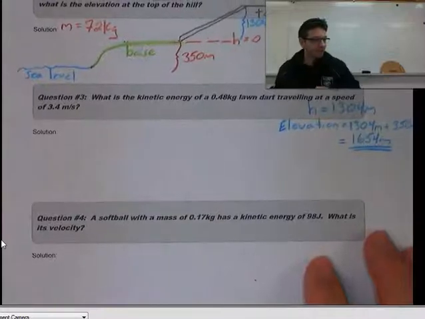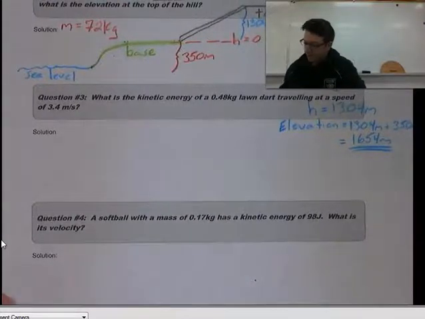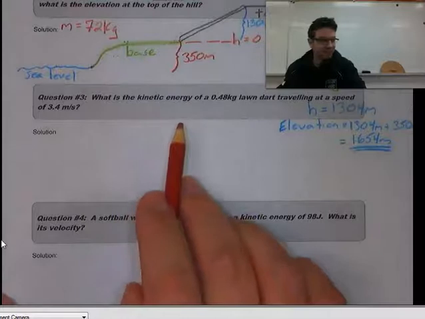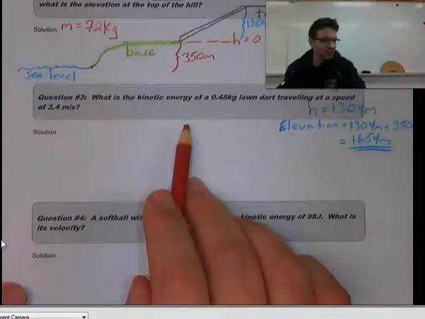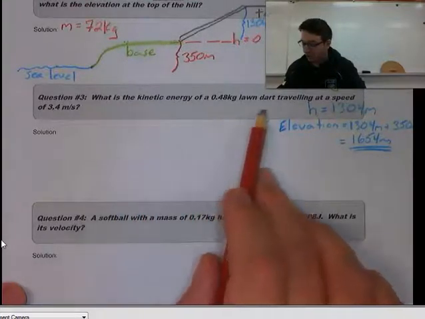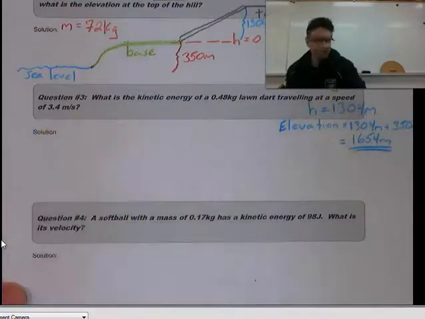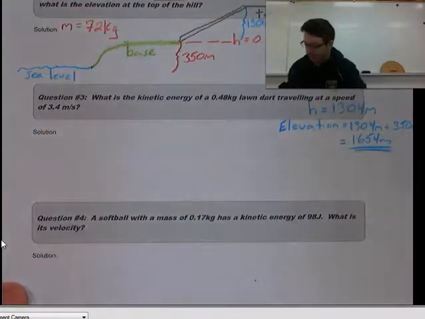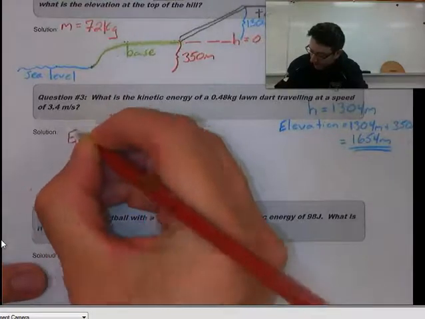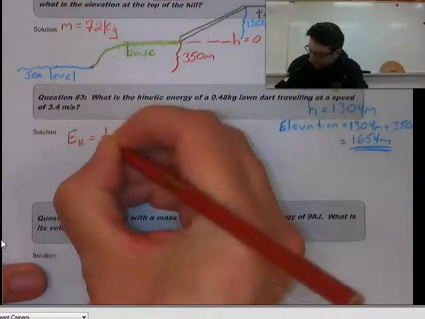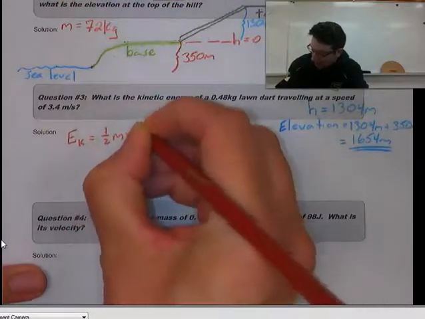Question number 3. It says, what is the kinetic energy of a 0.48 kilogram lawn dart traveling at a speed of 3.4 meters per second? Well, here's our equation: 1/2 mv squared.